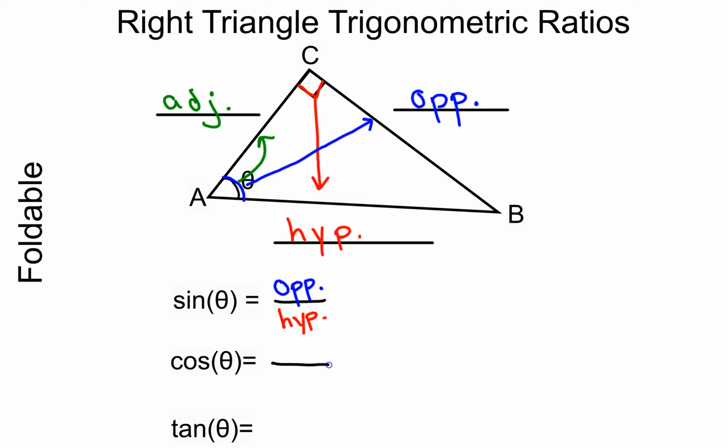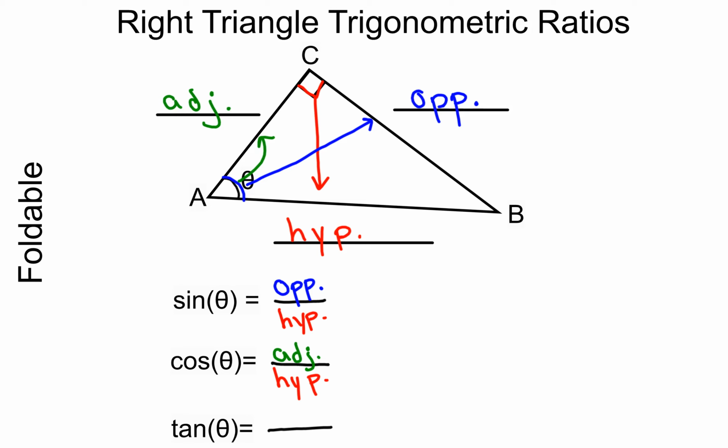The cosine function, this ratio is always going to be the adjacent side over the hypotenuse. And then finally, we have the tangent function, the tangent of our angle. It's important that this is our angle, same thing for all three trig functions.